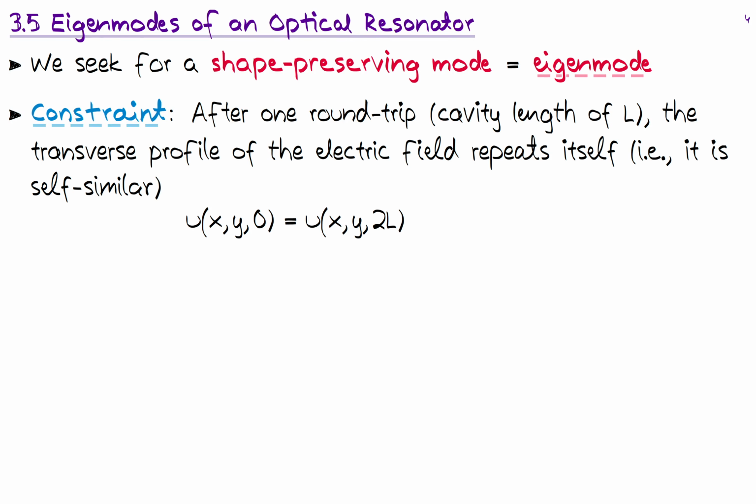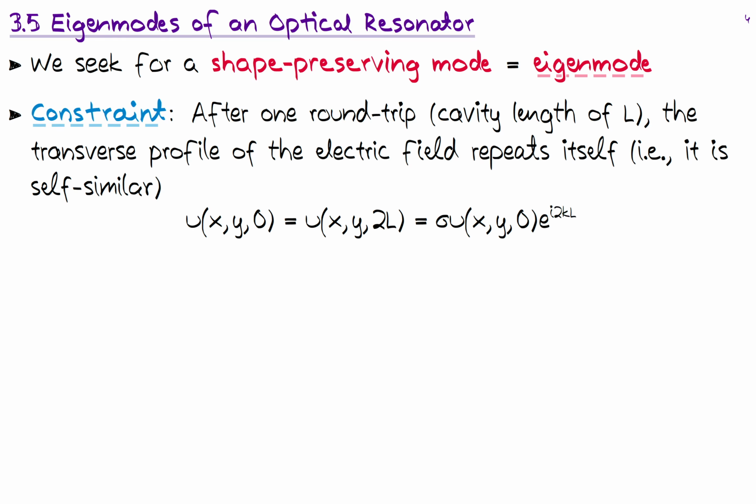So after propagation of one round trip in a standing wave configuration, where the round trip length corresponds to 2 times the cavity length, this condition must hold. It can be written by multiplying the original field with some sigma factor, which can include a phase factor, but otherwise we must have a self-similar form.